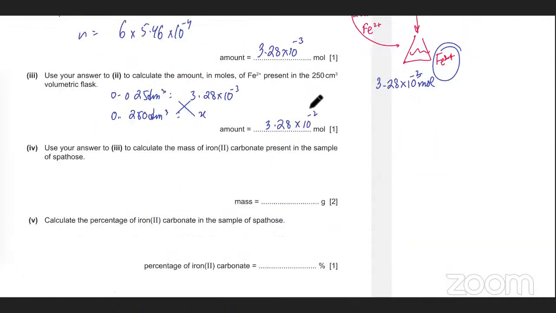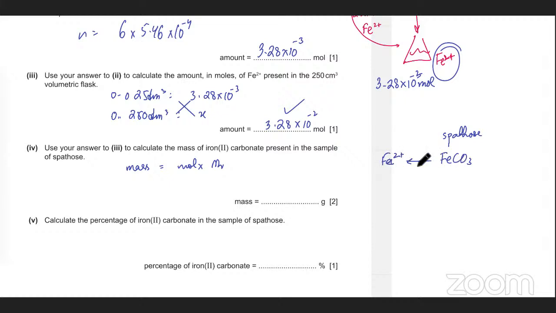So we need to find the mass. To find mass, the formula is moles multiplied by Mr. And we're going to use the same moles of Fe, because remember, all these moles in the solution were coming from the FeCO3 in spathose, which dissolved to form Fe2+ ions.